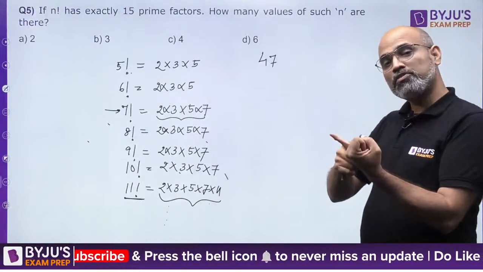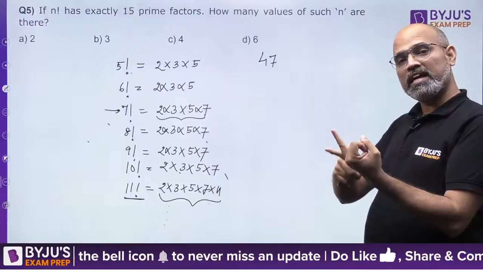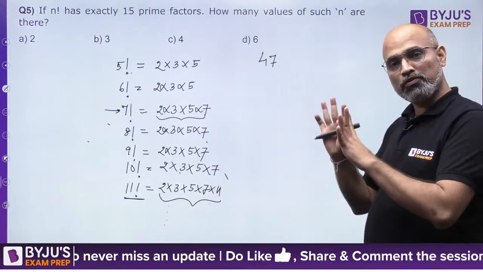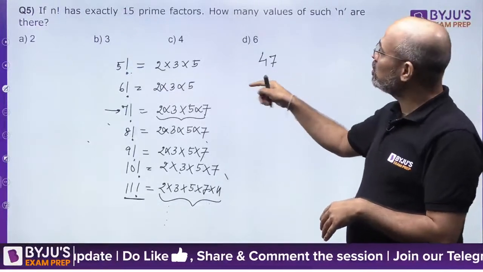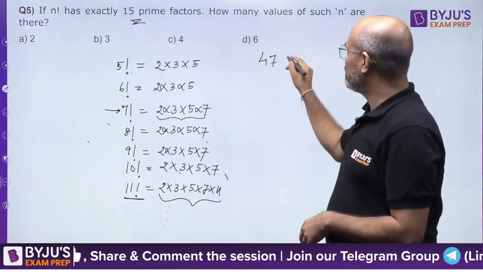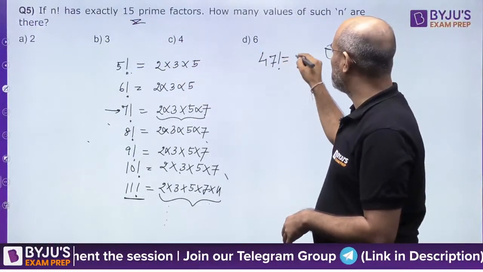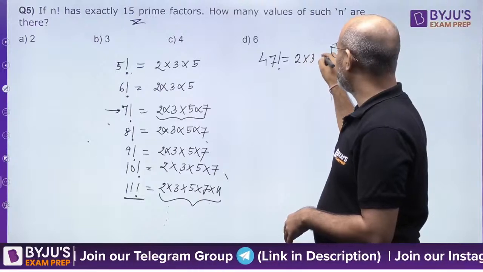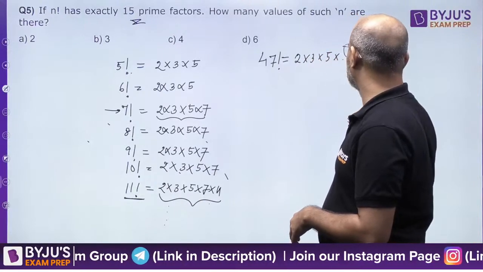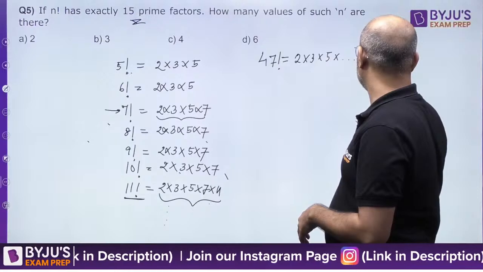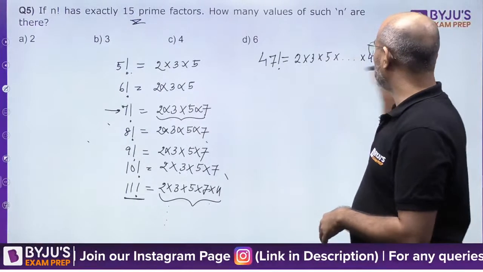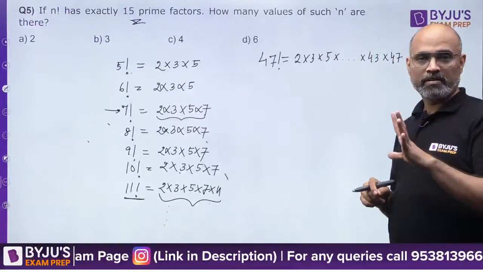If you start counting from 2, 3, 5, 7, 11, 13, 17, 19 and so on and so forth, 47 is your 15th prime number. That means 47 factorial will be made up of a total of 15 prime numbers. If you write and count, you will get 15.